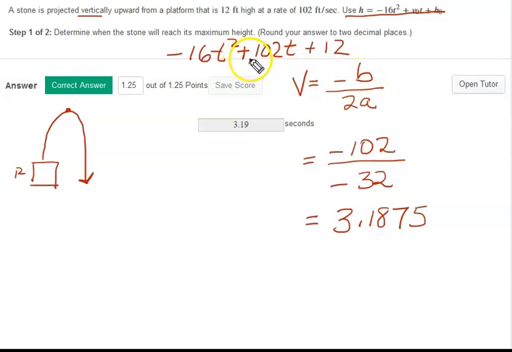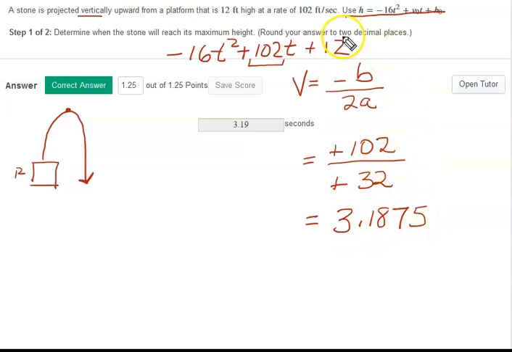Our b value is 102, but it's a negative b, so we put in a negative 102 to replace the b. And 2a, a is a negative 16, so 2 times a is a negative 32. So negative divided by a negative will give you a positive here. And when we do the division, we get this.